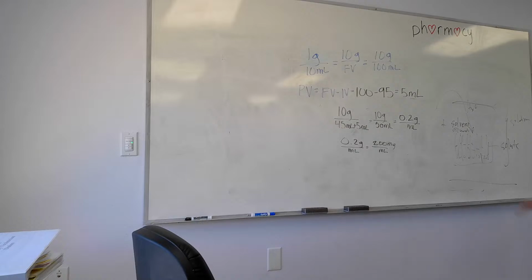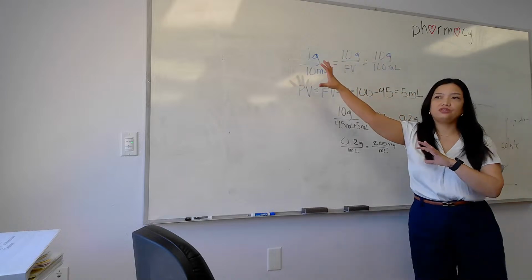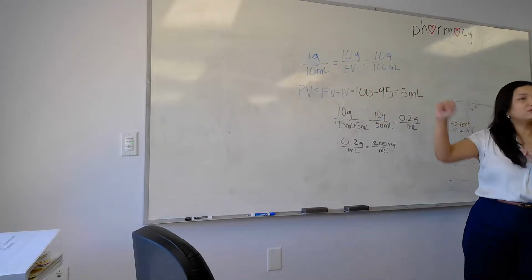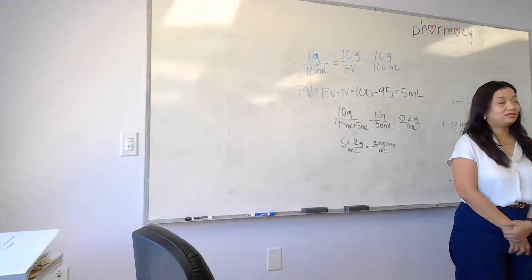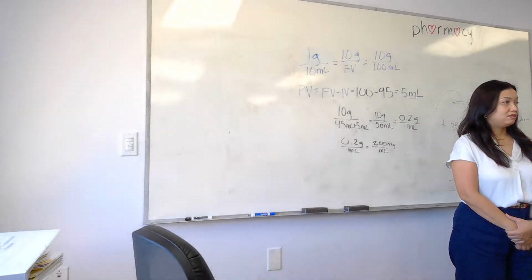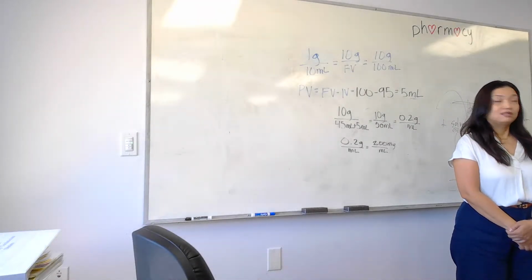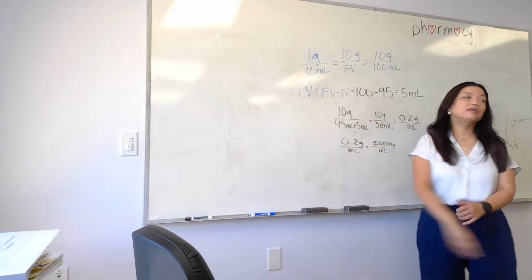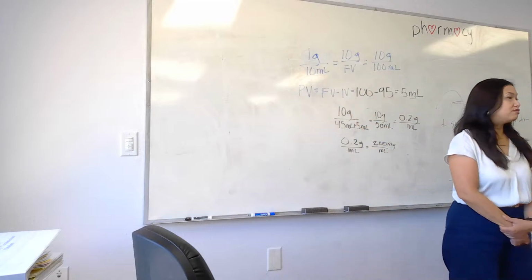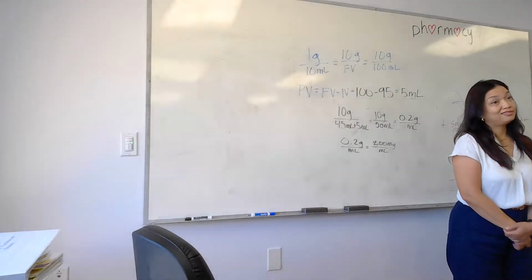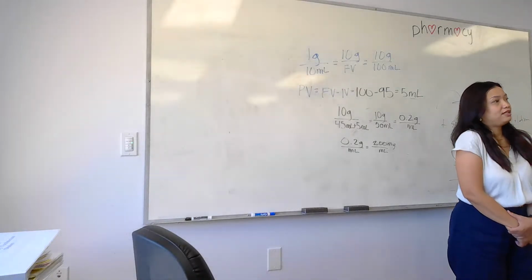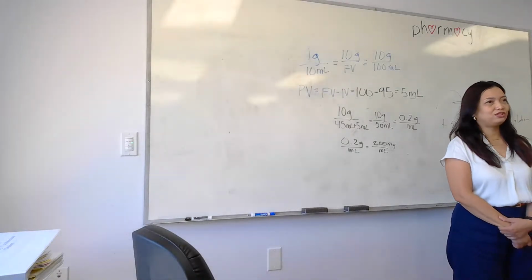The first part of her solution is to solve what the final volume is, or in other words, quantity to be dispensed. Comes in 1 gram per 10 ml. But are you dissolving 1 gram? So you have to find how much that total solution is.